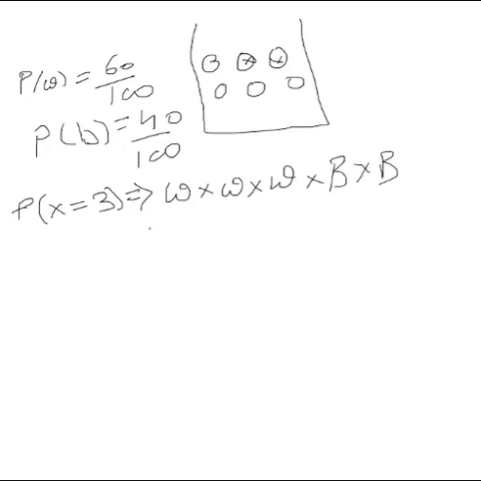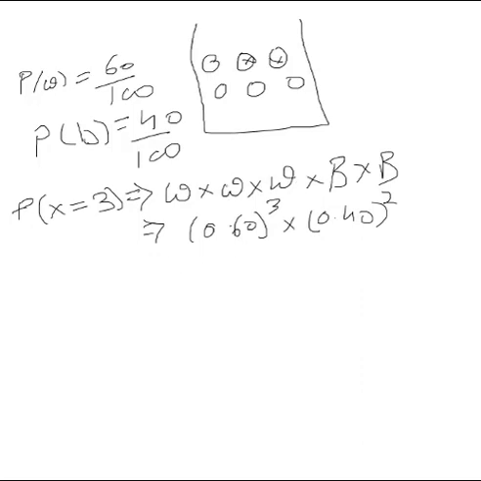Since all these events are independent and we want to calculate the probability using the multiplicative rule, we can simply say this is the probability of getting this sequence. But this is only one of the sequences. There could be other sequences like black black white white white and white black black white white.